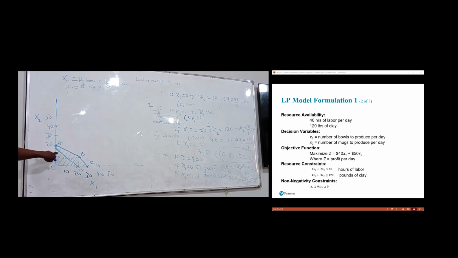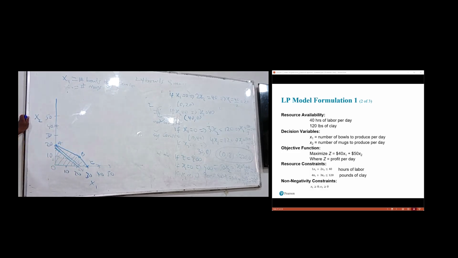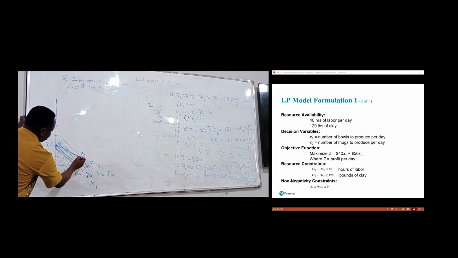Okay, if you do it, you see that the next line will be here. We have already crossed A. Then you now come to the next one. Then the next one.